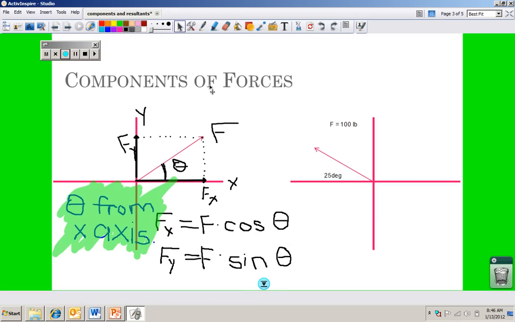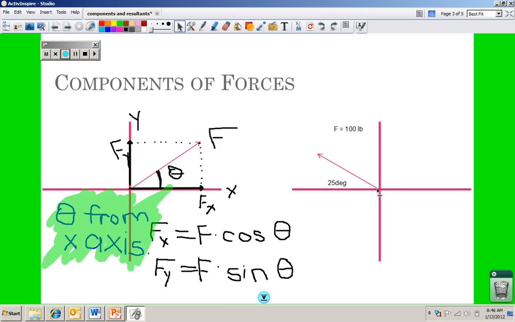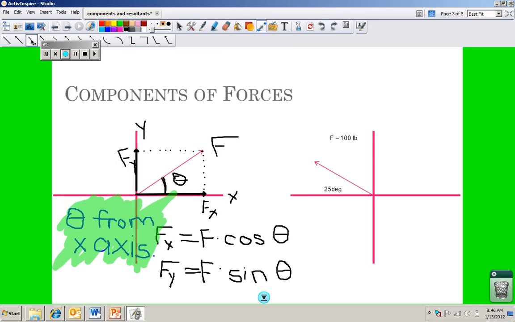Okay, we can now find the x component and the y component of this force. So let's look at that. Okay, this, what I've drawn here, okay, is going to be my x component. Let me change the color of that so you can see it a little better. Okay, and this is the y component. I'm going to draw that one again.